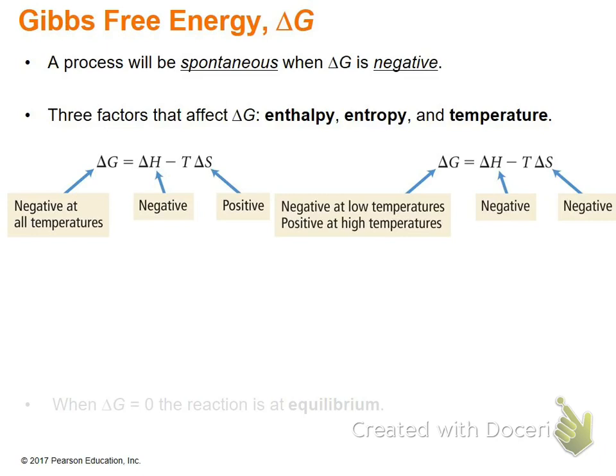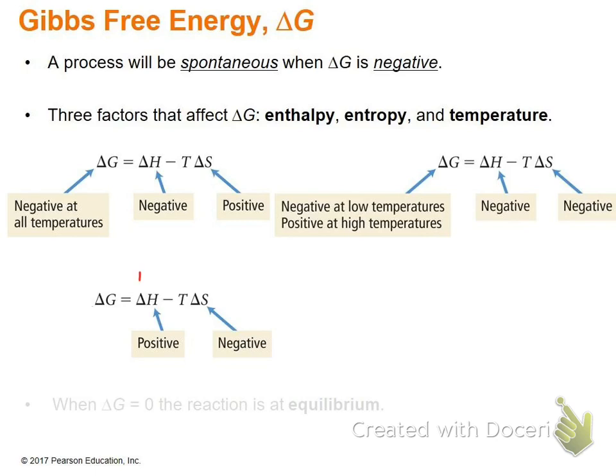All right, let's look at another scenario here. Now, let's say we have a positive delta H. So that means it's an endothermic reaction or an endothermic process. And delta S is negative for the system.